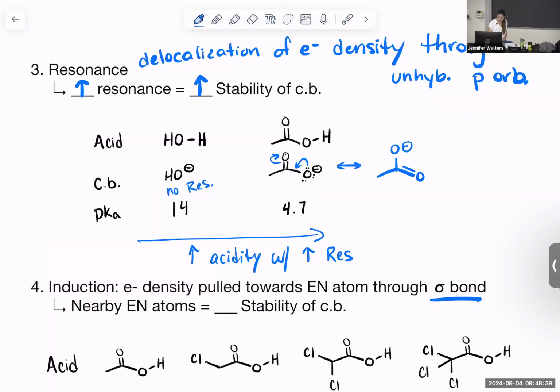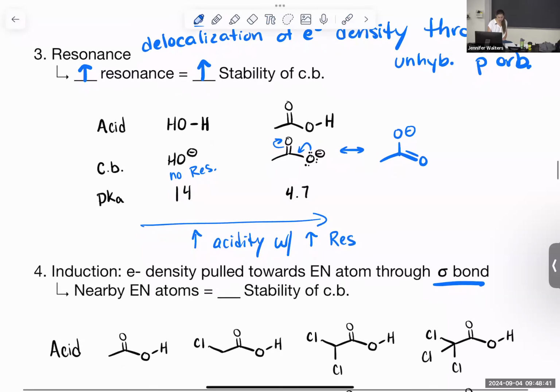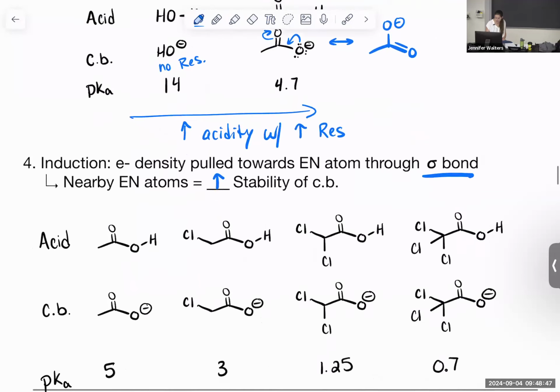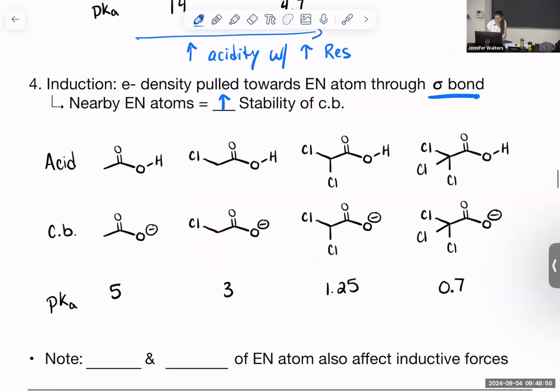As you increase your nearby electronegative atoms, that is going to increase the stability of your conjugate base. So when we look at this, if I have just hydrogen compared to having a chlorine versus 2 chlorines versus 3 chlorines, each of these chlorines is going to be pulling electron density away from that negative.